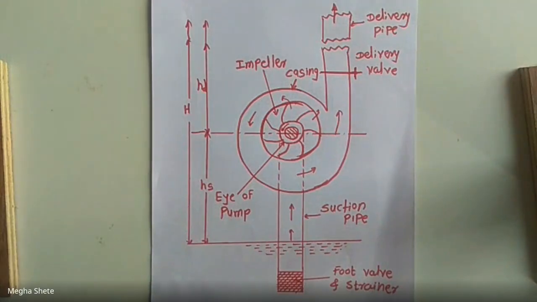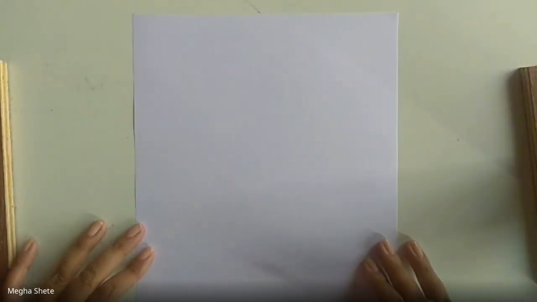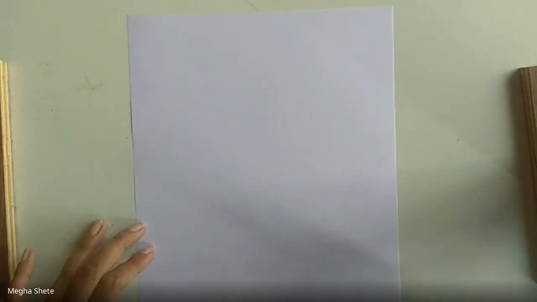So it was about the components of the centrifugal pump. Now we are going to see work done by the centrifugal pump on the water. For this, we will require inlet and outlet velocity.